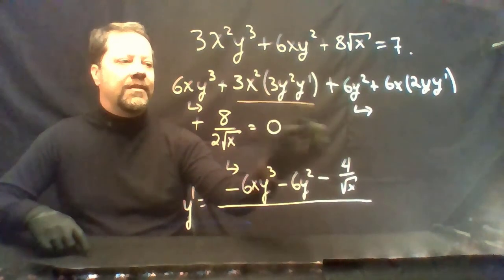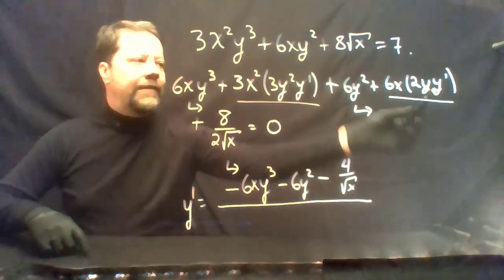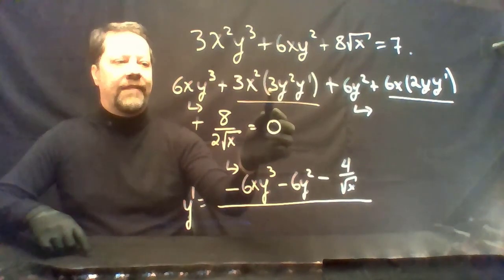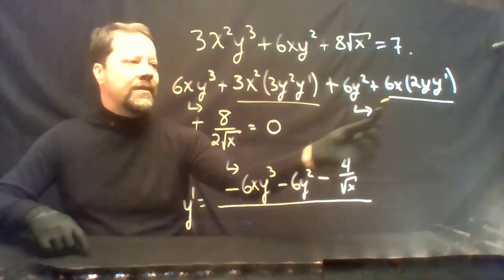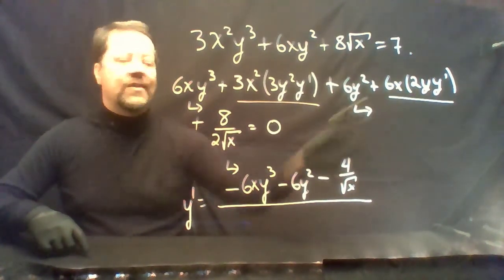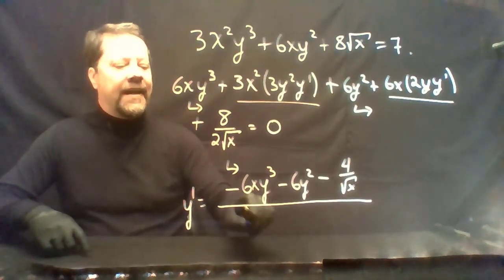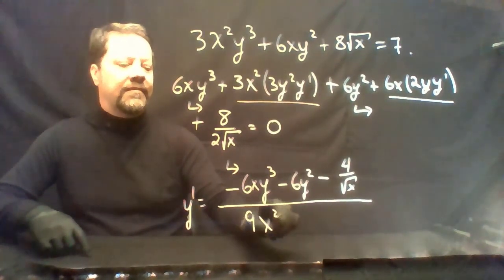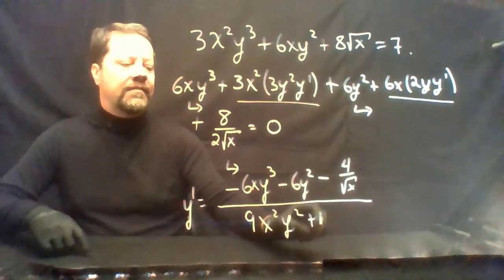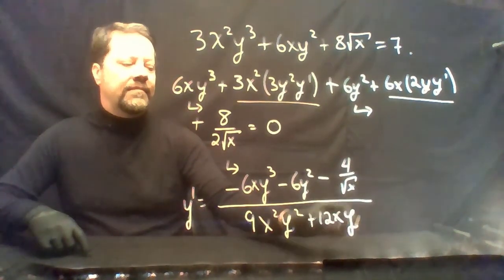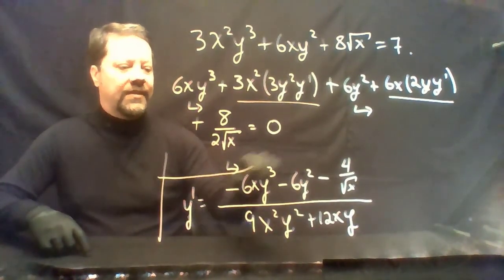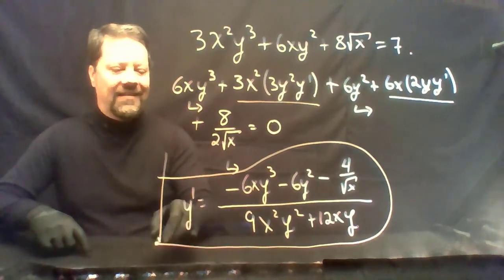On the remaining terms, we'll factor the y prime out. We'll have 9x squared y squared plus 12xy, which we divide off. And so we have our answer.